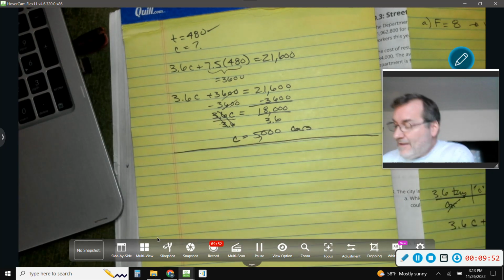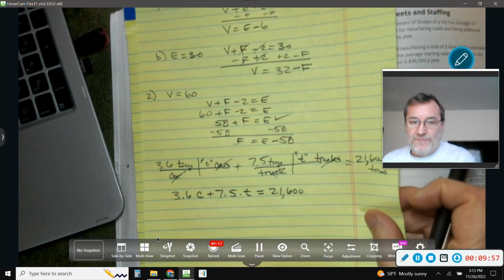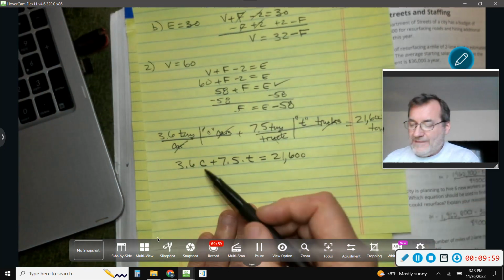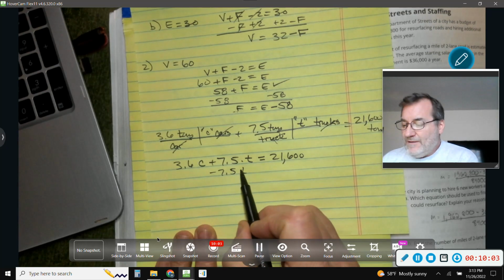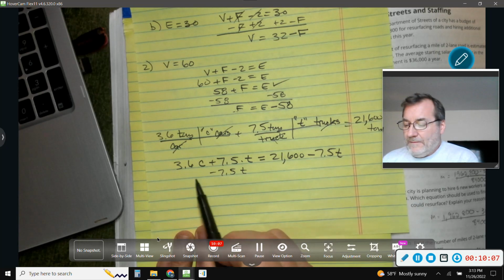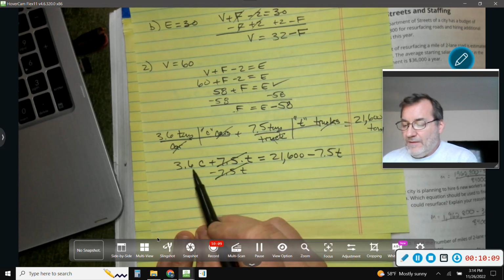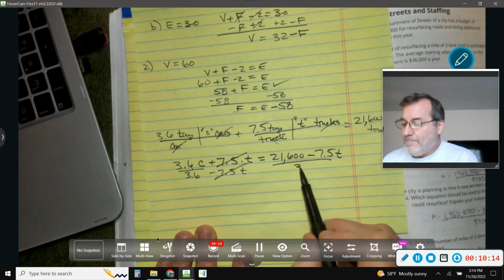So we're going to take that equation that we have right here, and let's just do a real quick solving for cars, for the C here. So I can subtract 7.5t from each side. Alright, cancel, cancel. And I can divide everything by 3.6, just like I did before.